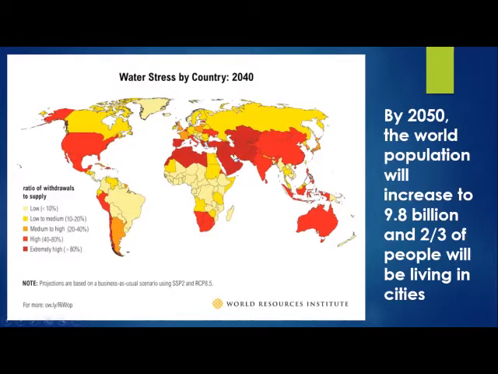But there are going to be various portions around the world that are affected more than others. India and Pakistan, all that region, you can see it's in red. So that means there's going to be an extremely high amount of water shortage in this area as well.